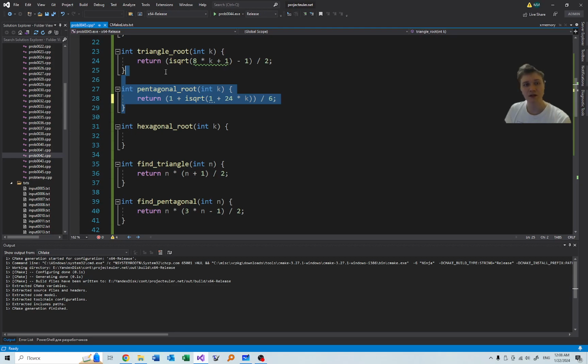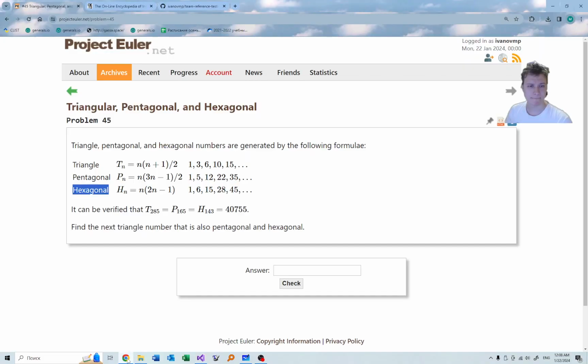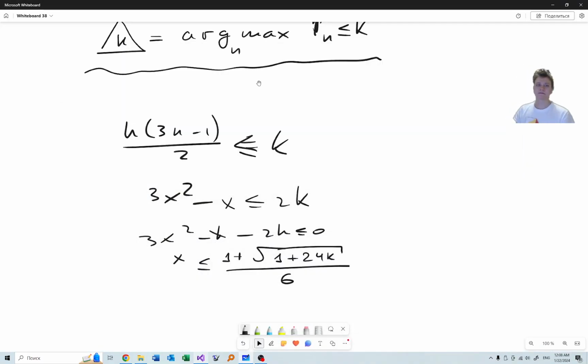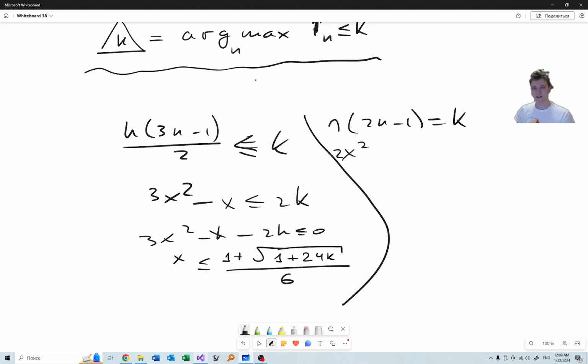Then we need hexagonal root. So n times 2n minus 1 equals k. This means that 2x squared minus x minus k is at most 0, then x is at most 1 plus square root of 1 plus 8k over 4.